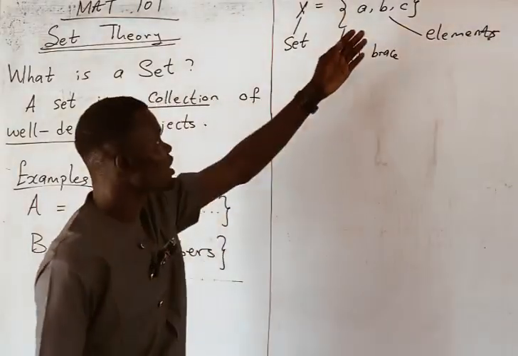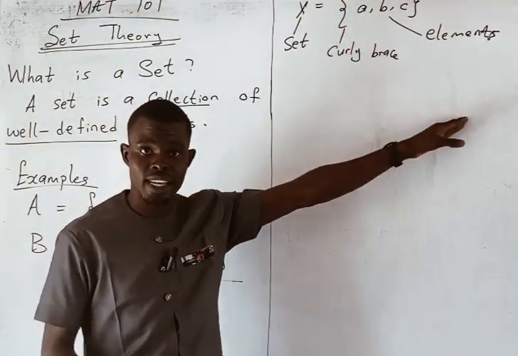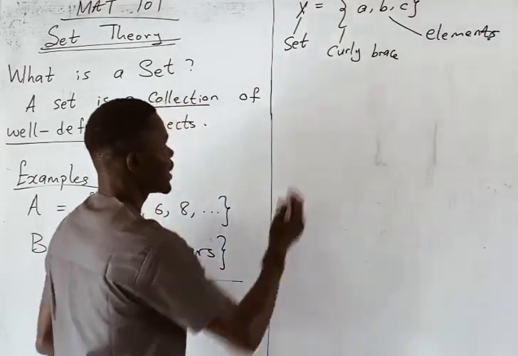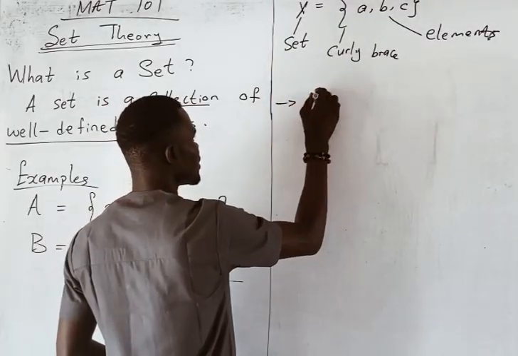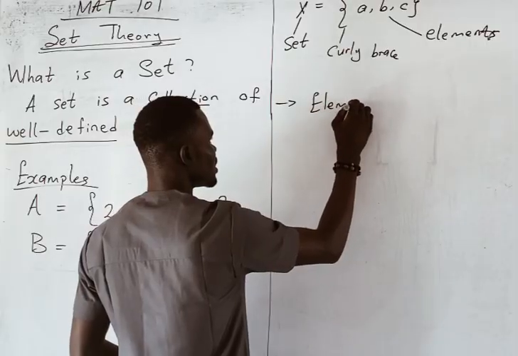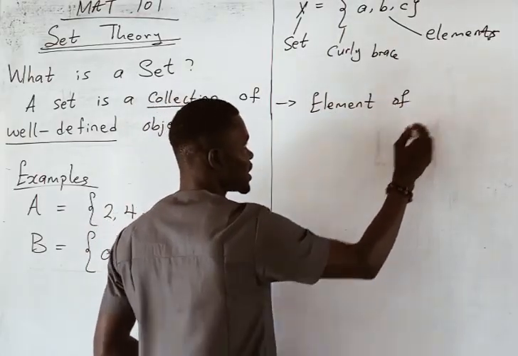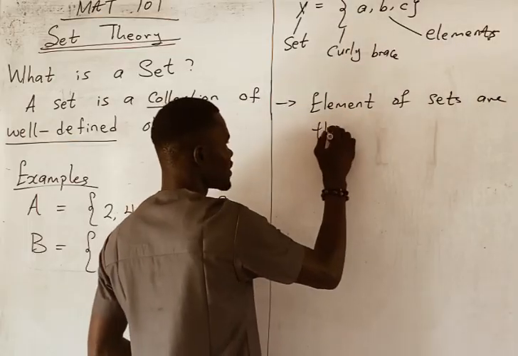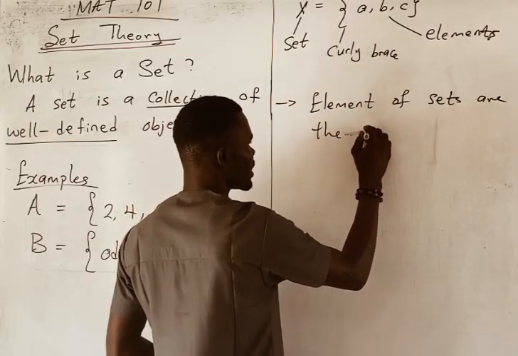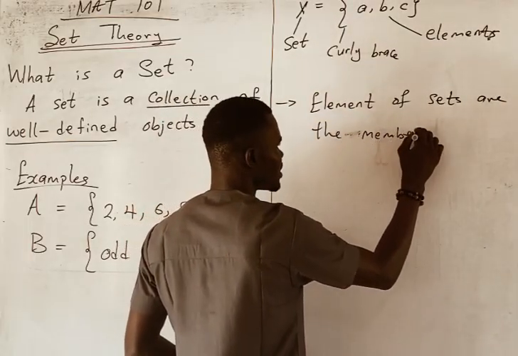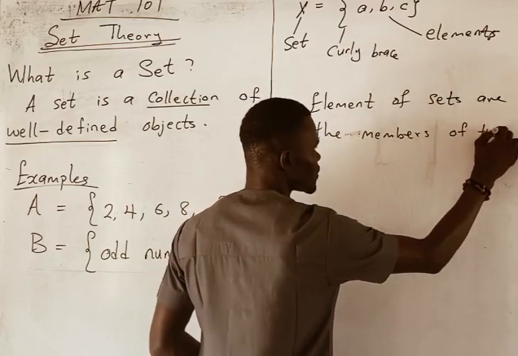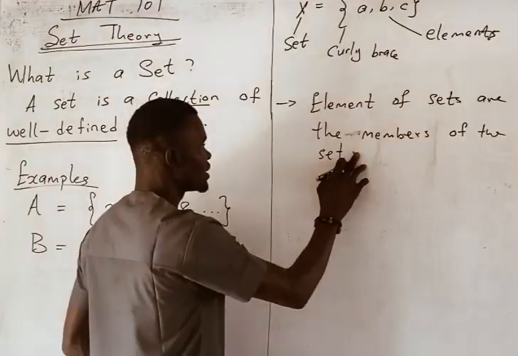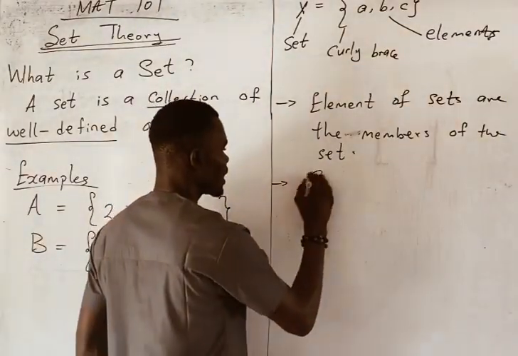And don't forget, I call the members of the set elements. And we still have something called cardinality. Let me write it out. The elements of a set are the members of the set. And we have what we call cardinality.